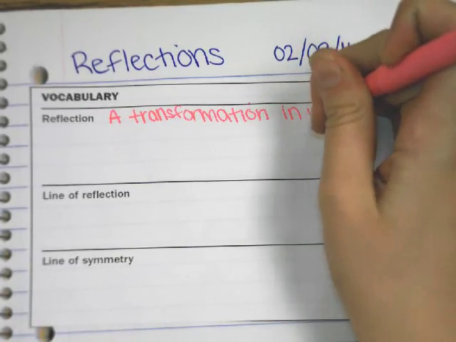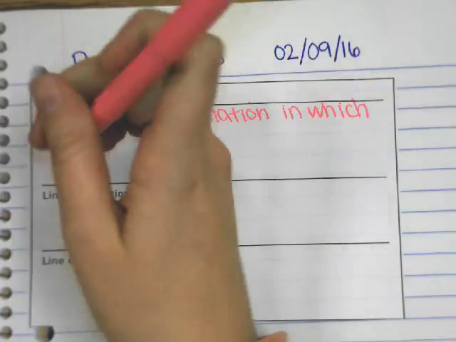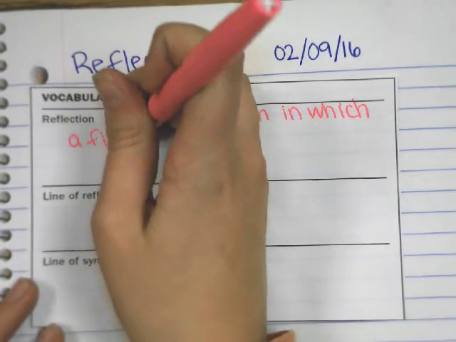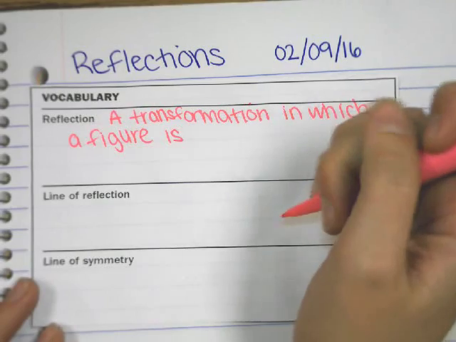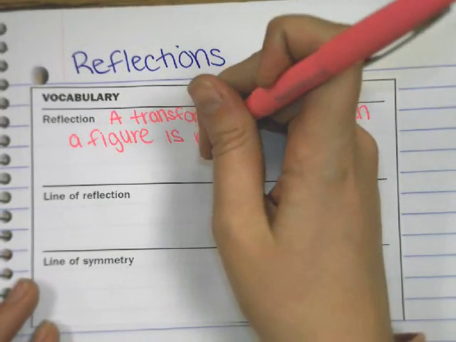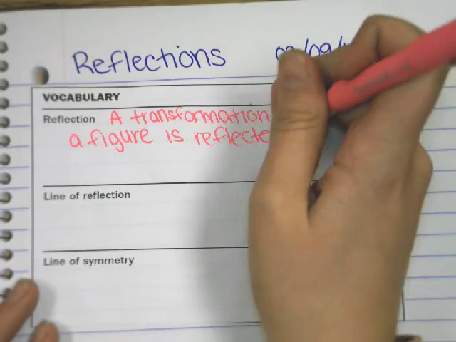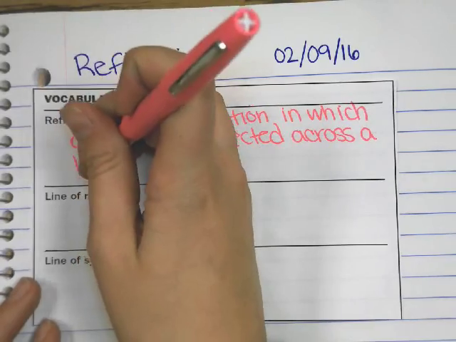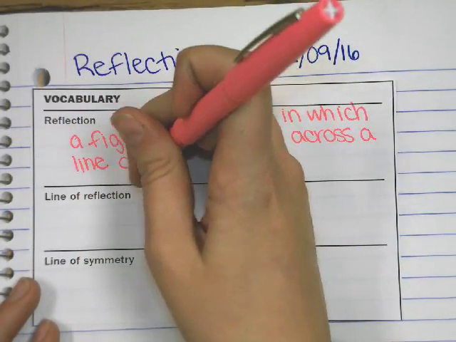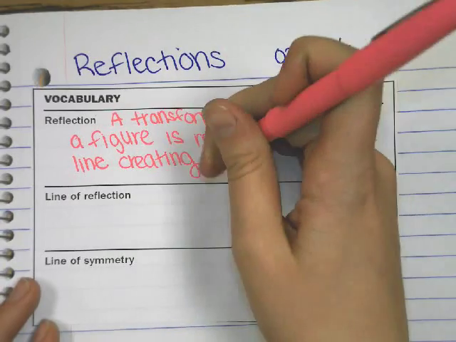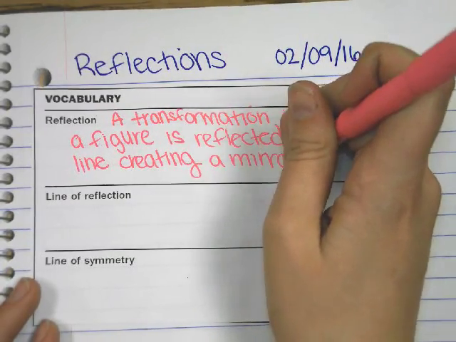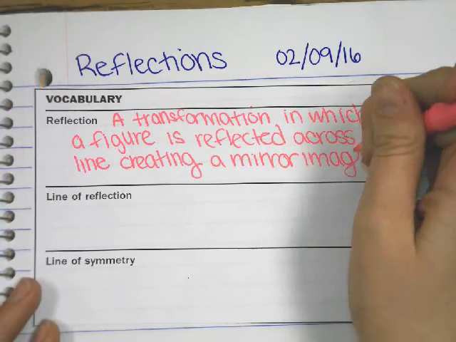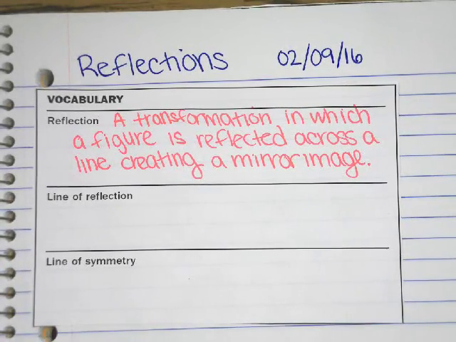So it's a transformation in which a figure is reflected across a line creating a mirror image. Okay, a mirror image, kind of like you can think of it as like a backwards image. Okay, that is what the word reflection means.